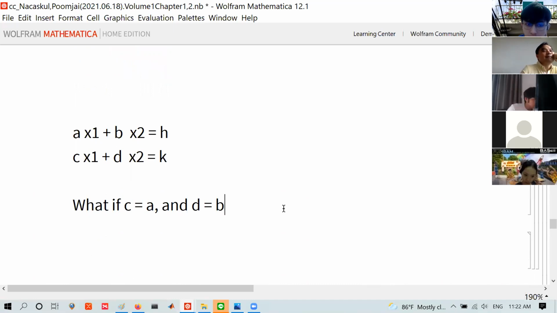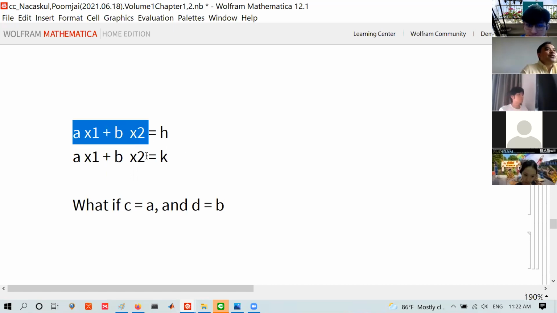Anybody? Okay, to save time, I'm not going to wait for the answer. What if C is equal to A and D is equal to B? You have this. So now, what you thought was 2 equations, the left-hand side happens to be a copy of one another.